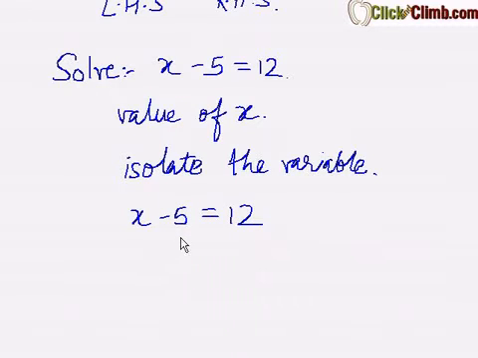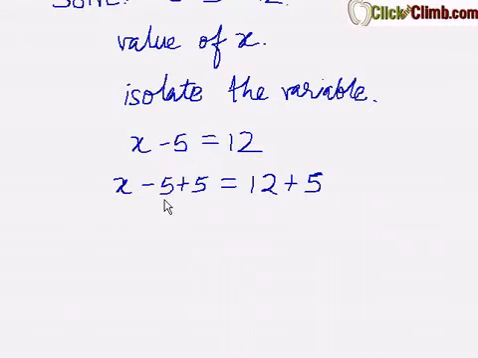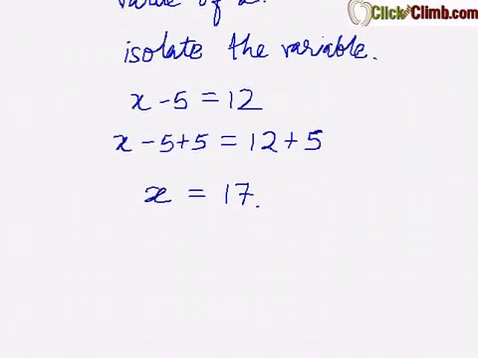I have negative 5 with the x, so this can be undone by adding 5. So x minus 5 plus 5 equals 12 plus 5. We need to do the same operation on both sides of the equation. So x minus 5 plus 5 becomes 0, so it's only x equals 12 plus 5, which gives me 17. So the value for x is 17.